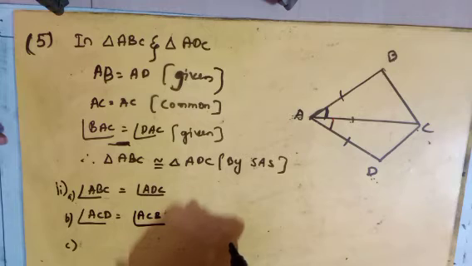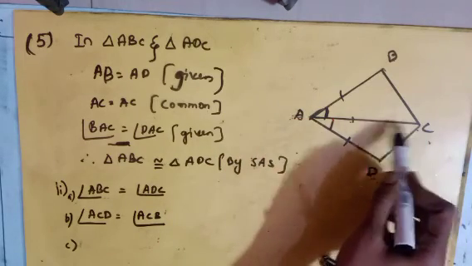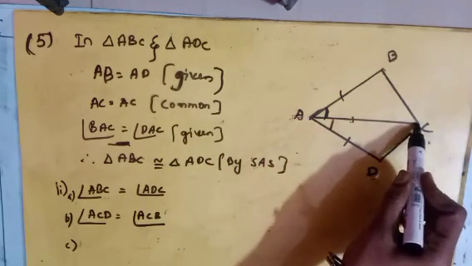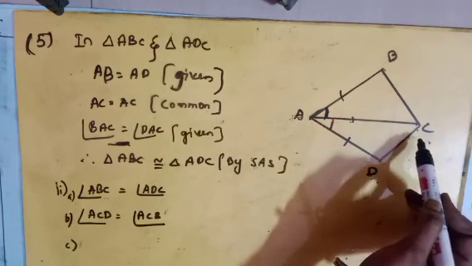Next question, third one: the line segment AC bisects dash and dash. This is the line segment AC which bisects the angle A as well as angle C. So what we have to write?